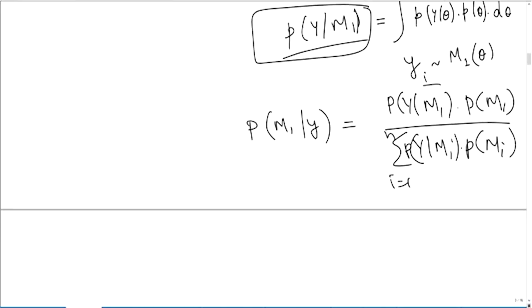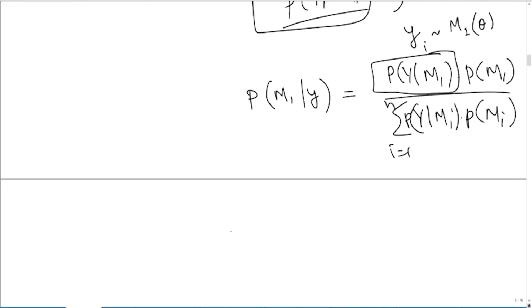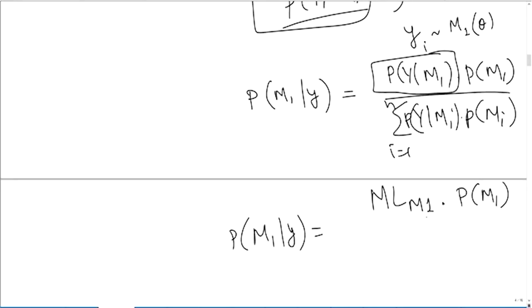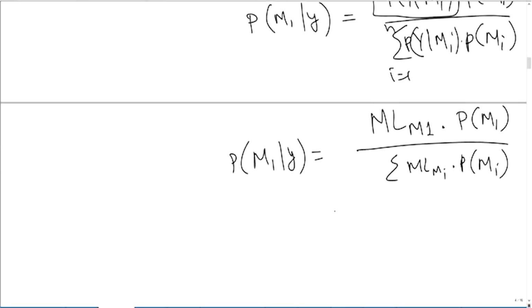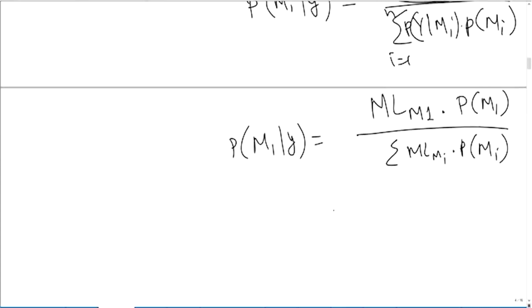You can rewrite it in such a way that this thing is marginal likelihood of model M1. Okay. So, probability of M1 given y is equal to marginal likelihood of model M1 times prior probability of model M1, divided by summation of marginal likelihood of model Mi times prior probability of model Mi. Okay. So, this is for model 1.